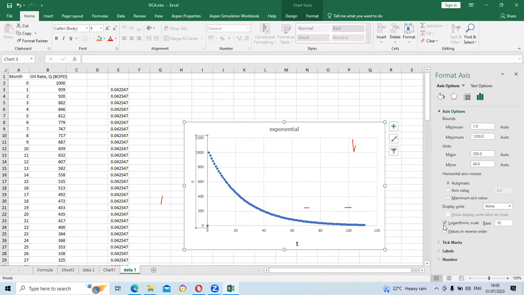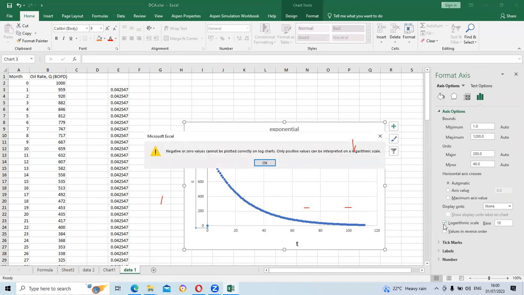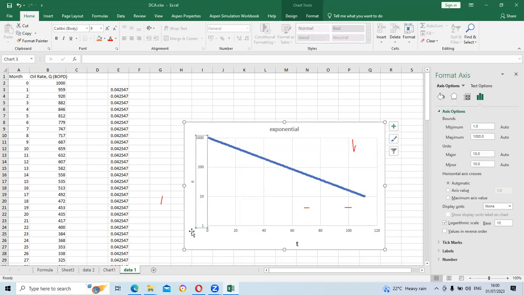Once you click on logarithmic scale, they have removed 0. They're just telling you that 0 cannot be plotted. Of course, we know that log 0 does not exist. So 0 cannot be plotted on a logarithmic scale.